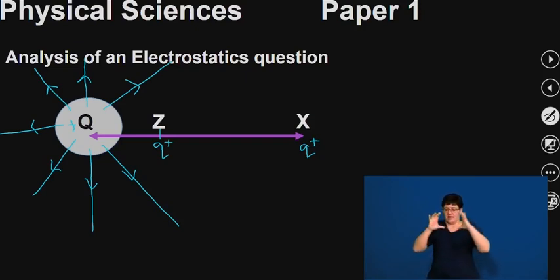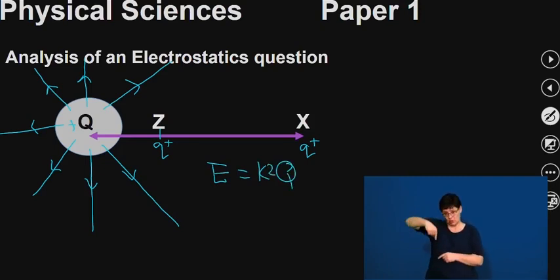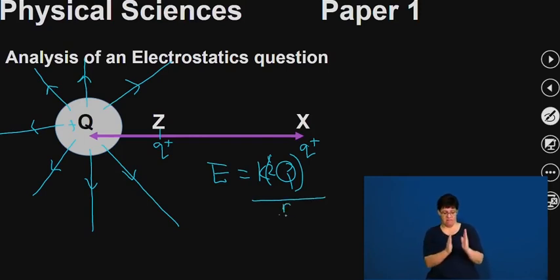So if we say, for argument's sake, we double the charge, then if E is equal to kQ over r squared, let's say we double the charge. Now it becomes 2Q. That's the mathematical language. And let's say maybe this distance is a quarter of what it was. Then over (1r over 4) squared, okay?